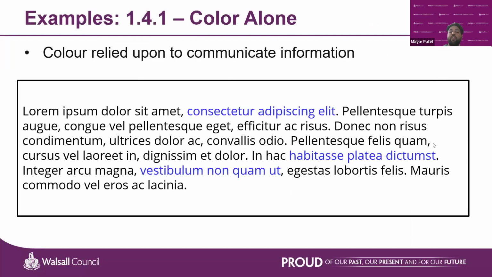So there is a leeway within 1.4.1. It asks that if you have marked up something as a link and it's reliant on color, so the surrounding text, there should be a minimal difference of 3:1. Over here, it's way below 3:1. So this also fails under that. So a pretty good example.